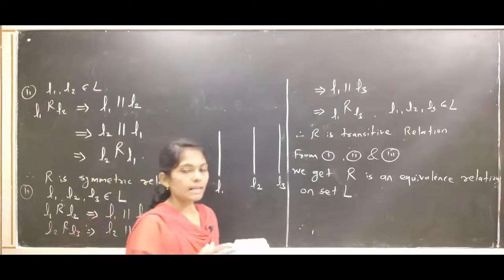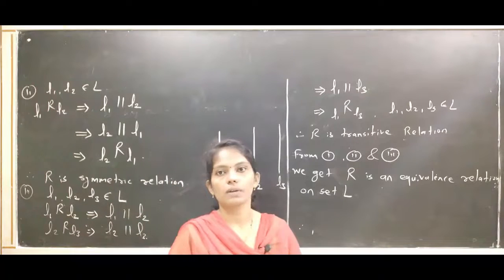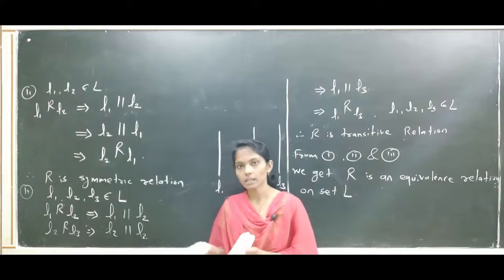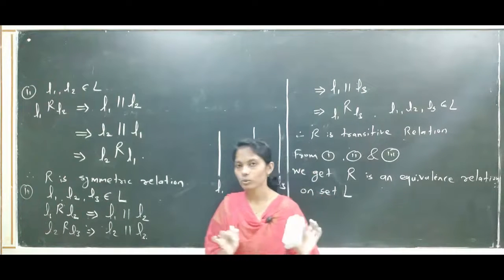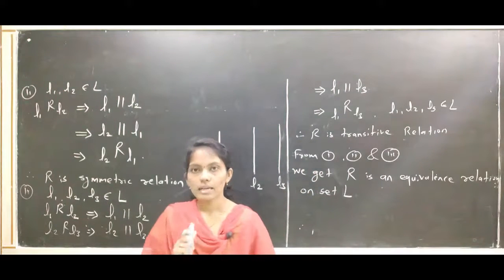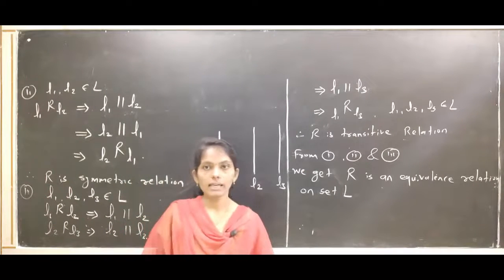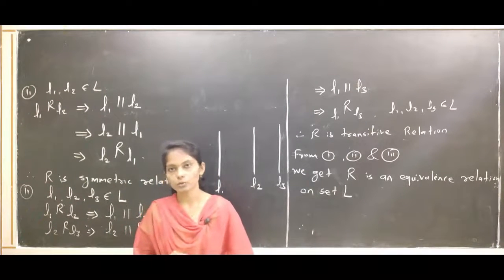Reflexive, that means A related to A itself. Symmetric, that means if A related to B, then B is again related to A. Transitive, A related to B, B related to C, then A is related to C.